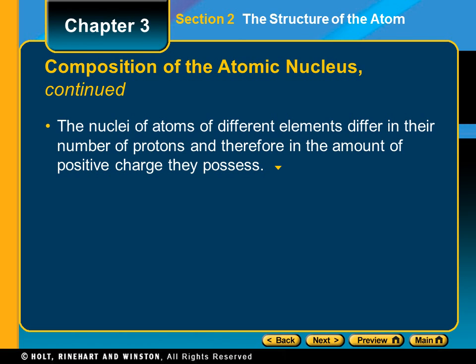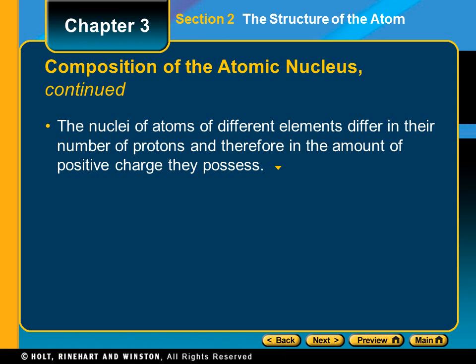The other thing we know is that the nuclei of atoms of different elements differ in their number of protons, and therefore in the amount of positive charge they possess. The atomic number, which can be found on any element on the periodic table, is the number that corresponds to the number of protons. Every time you look at a different element, its atomic number is different because the number of protons is different.